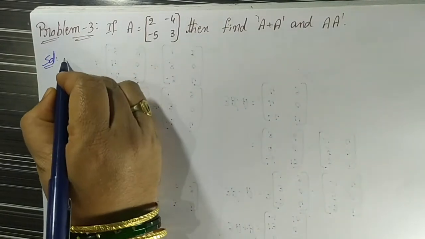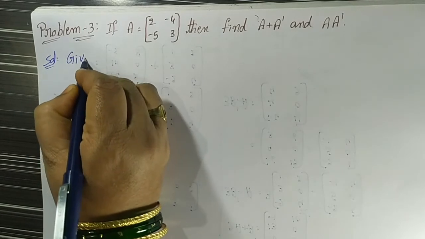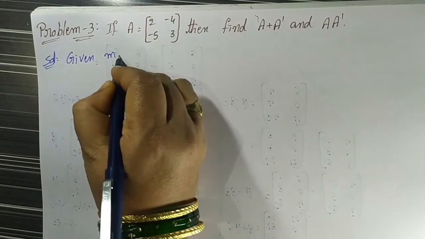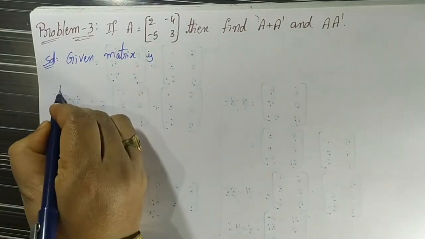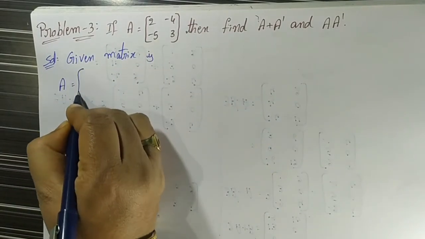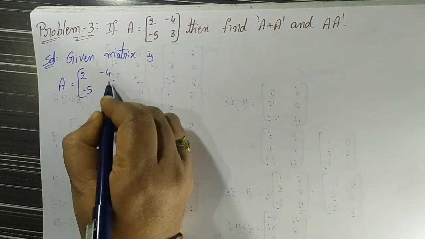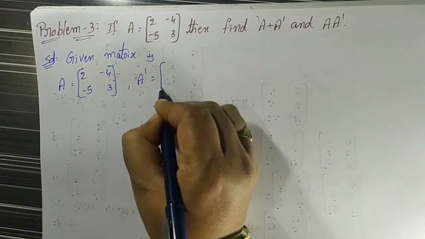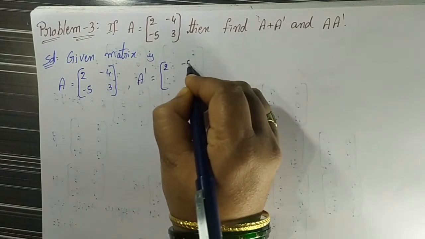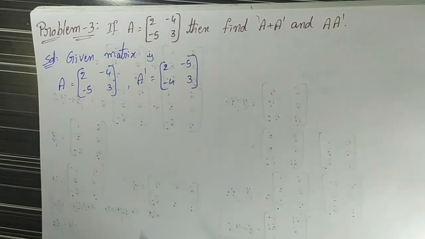For that, first go to the solution. The given matrix is A equals [2 -4; -5 3]. From this we can find A' equals [2 -5; -4 3]. This is the A' value.